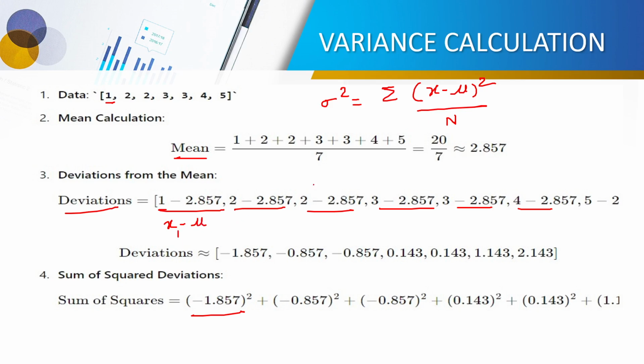We have to calculate it for all the values, and the summation will add these. So we are performing addition between all the elements, and after doing that we have to divide it by n. Is it clear? Okay, this part is clear.